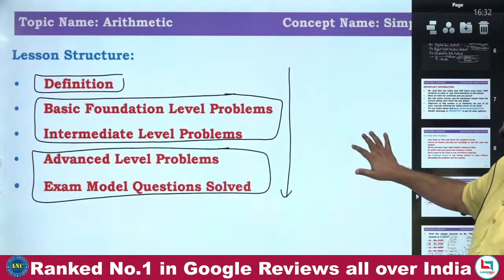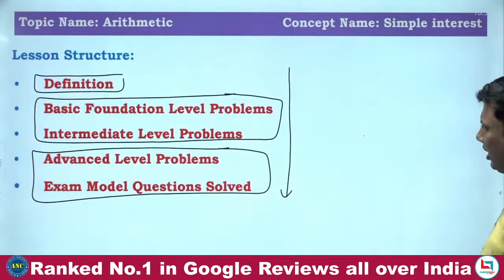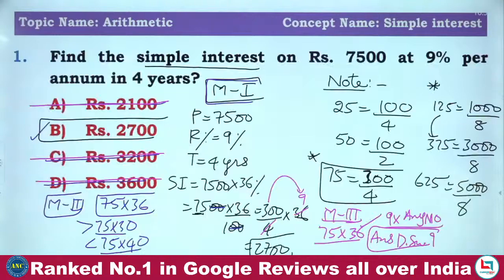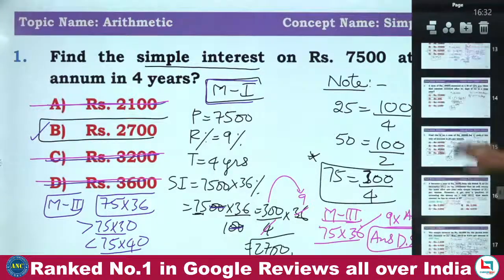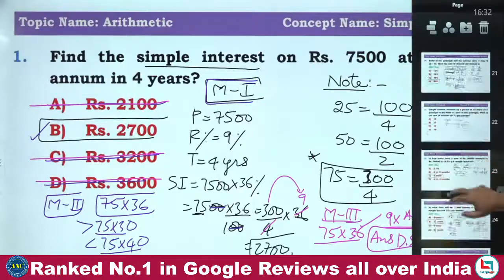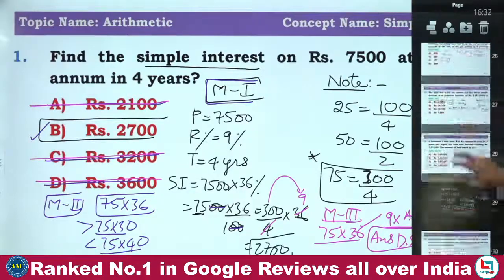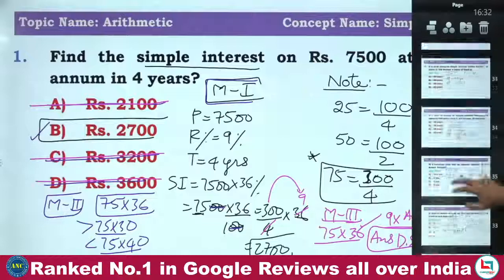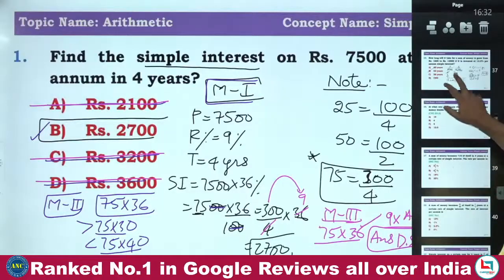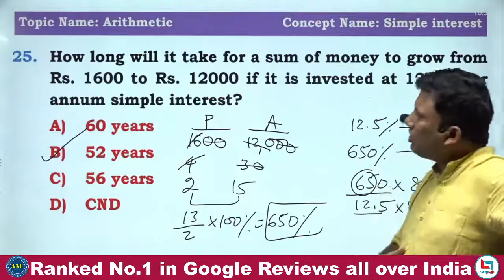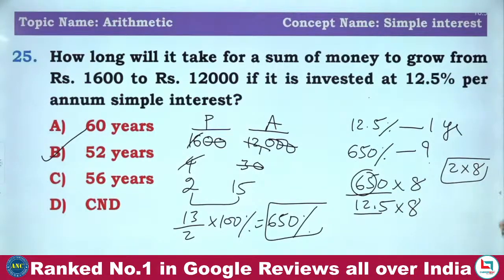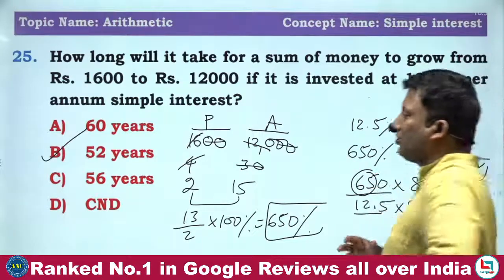Basic definition level questions, intermediate level problems. We did till the 25th question. This was the last question that we discussed. What is given in this question? See here. How long will it take for a sum of money to grow from 1600 to 12,000?